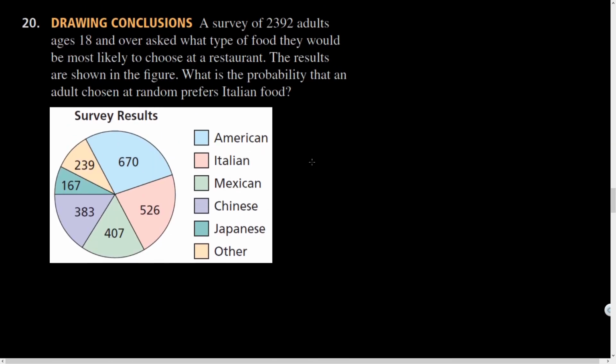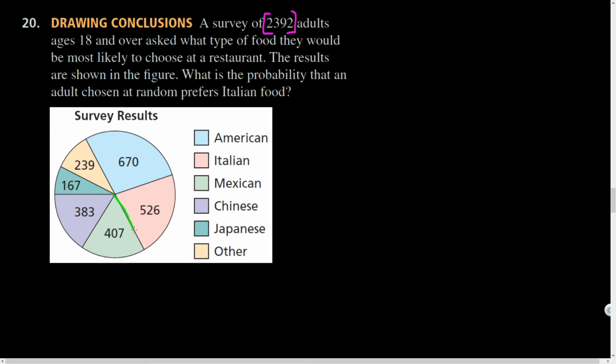20, last question. A survey of, oh, that's nice of them. That's my total. 2,392 adults, ages 18 and over, are asked what type of food they would be most likely to choose at a restaurant. The results are shown. What is the probability that an adult chosen prefers Italian food?